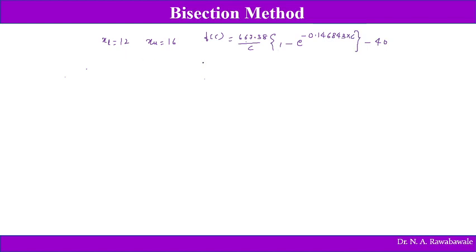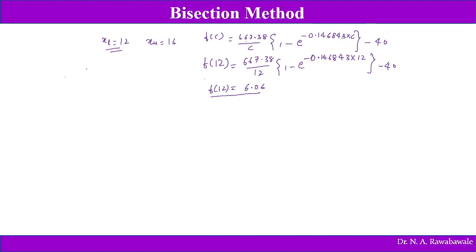Now we find f of 12. If we substitute the lower limit, 667.38 divided by 12, in brackets 1 minus e to the power of minus 0.146843 into 12, closing this bracket, minus 40, this gives f of 12 equal to 6.06 on simplification.